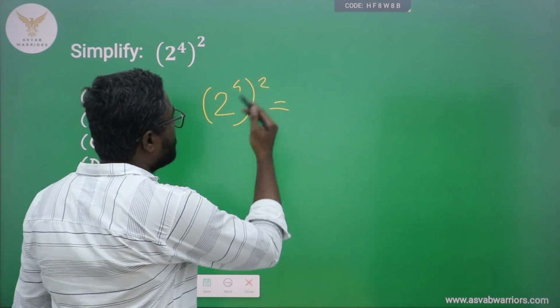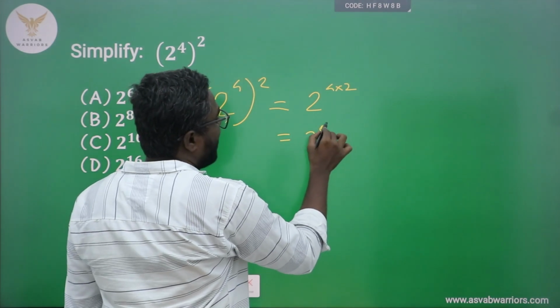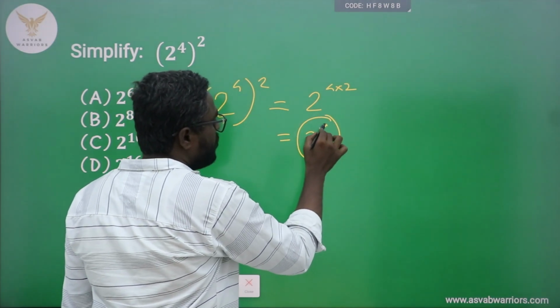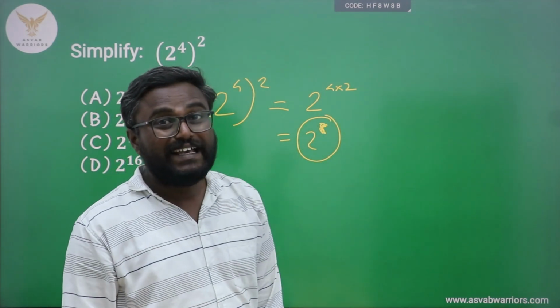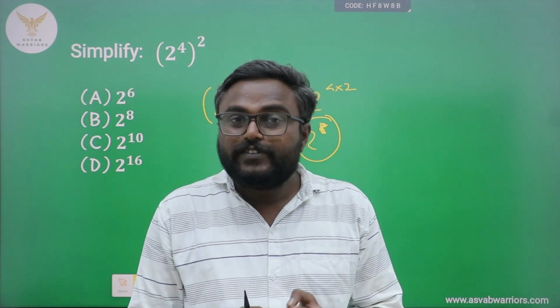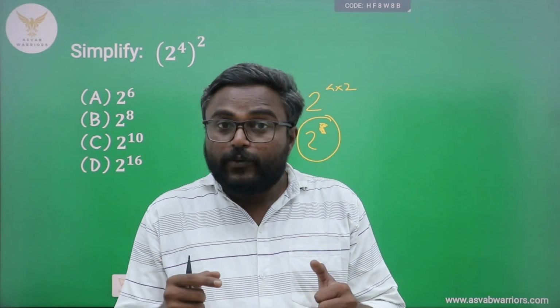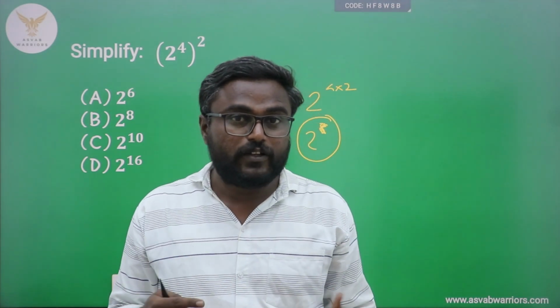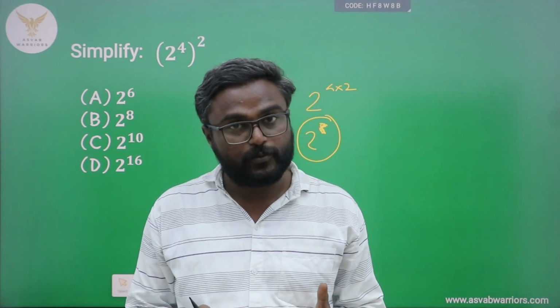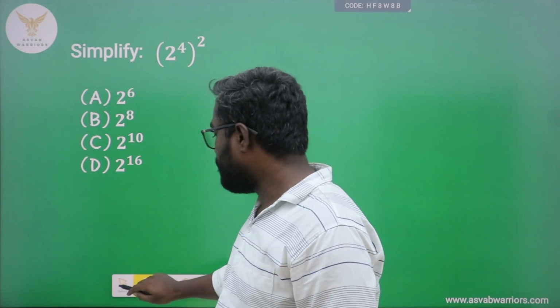Just simply multiply the powers. 2 to the power 4 times 2, which is nothing but 2 to the power 8. Okay, I am taking easy questions for your foundations of the exponent and power to be very powerful. Okay, you can just apply the simple rules in all types of questions that you get for exponents. Okay, now let's move on to the next question.